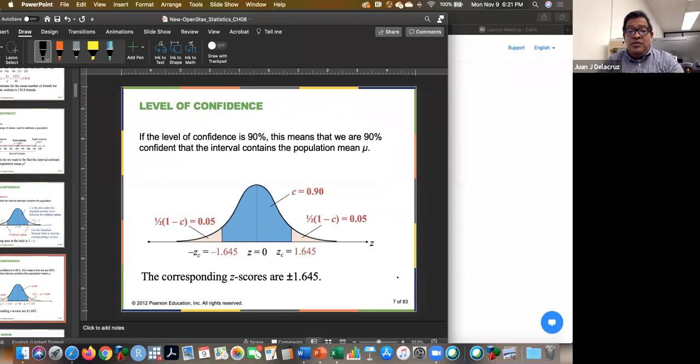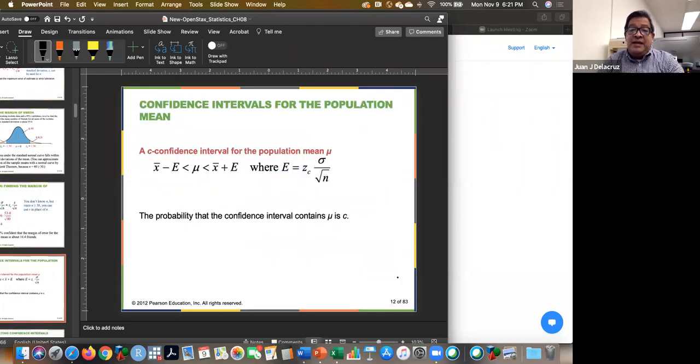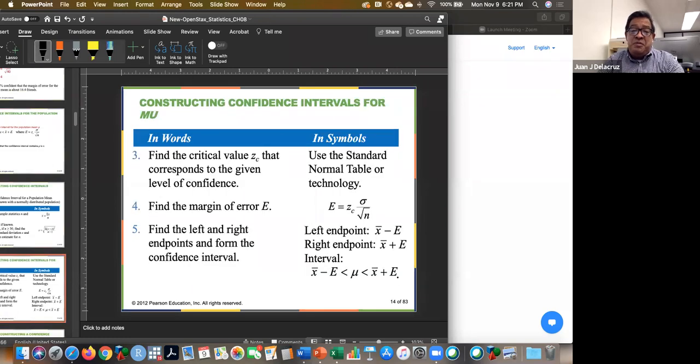So we went through this process several times. I showed you how to do it in Excel. I do think that Excel is super easy, and it is very important that you know what all these things mean, and you know how you can find those values, because if you have the confidence interval and you have other values, you can find the values that you might be asked to find.